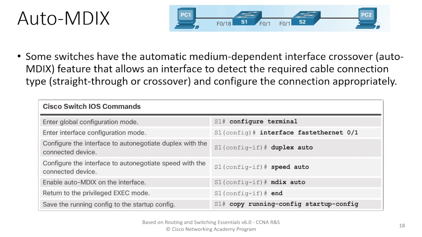We can set these configurations to happen automatically. Whether it is a duplex connection, that can be configured automatically, whether the speed can be configured automatically, and also whether it is a crossover connection or a straight through connection, that can be configured automatically as well.